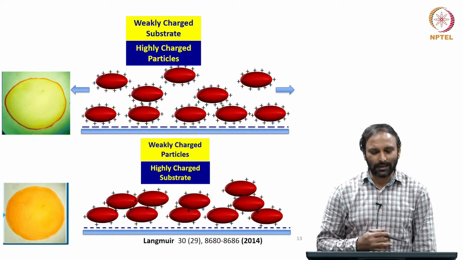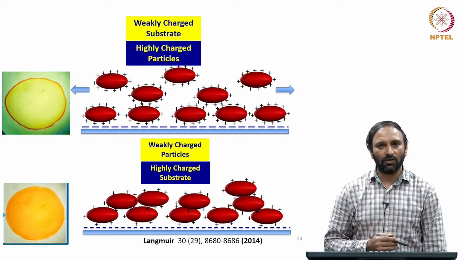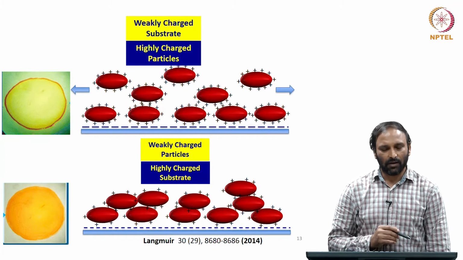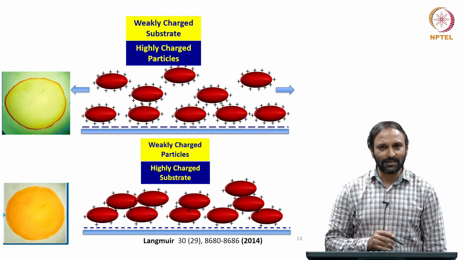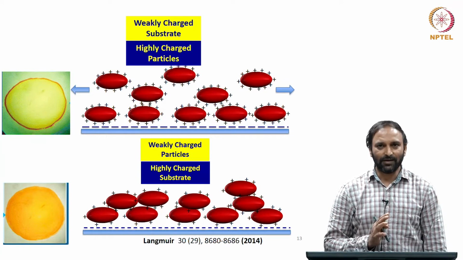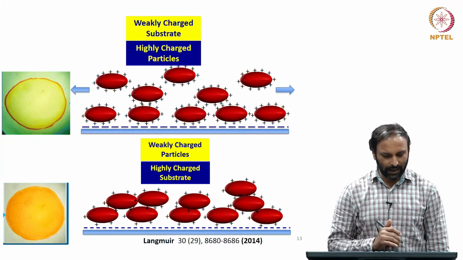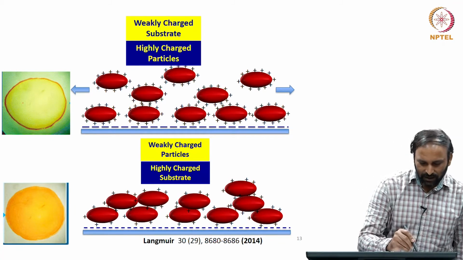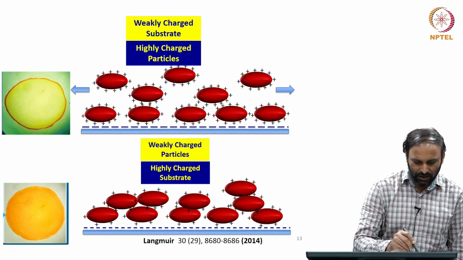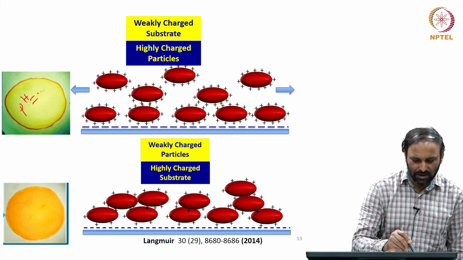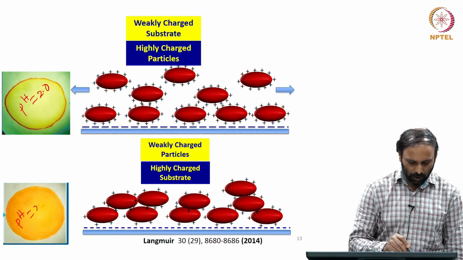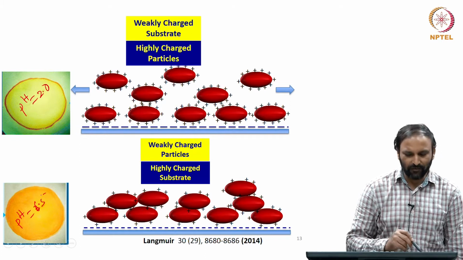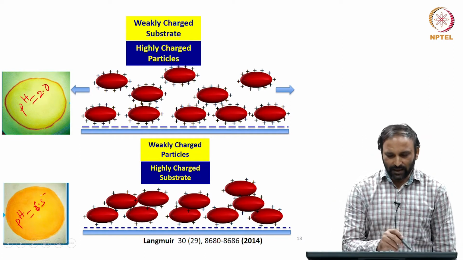Now one could understand why such different deposition patterns are formed, even though we have considered dispersions of similar type. The result that you see here is for a case where the pH is about 2.0, and this is for a case where the pH is about 6.5.